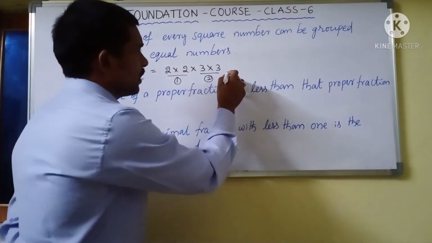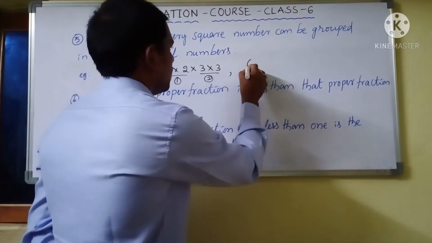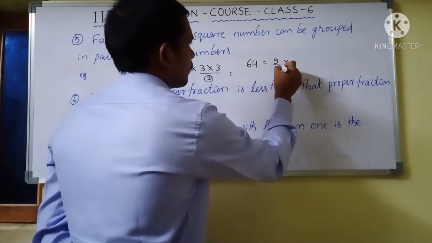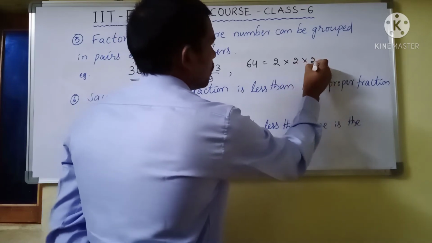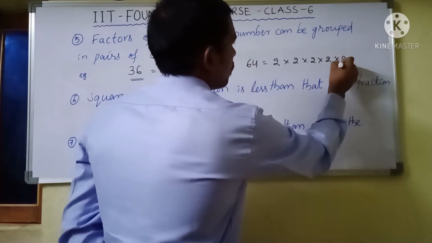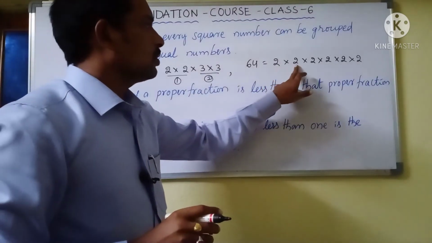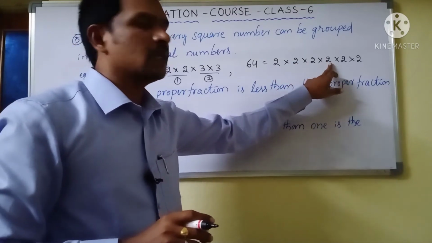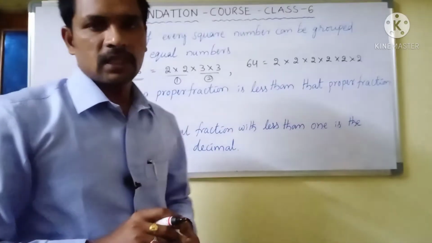Let's see one more example, suppose 64. 2 32s are, 2 16s are, then 2 8s are, 2 4s are, 2 2s are. So 2 2s are 4, 4 2s are 8, 8 2s are 16, 16 2s are 32, 32 2s are 64.